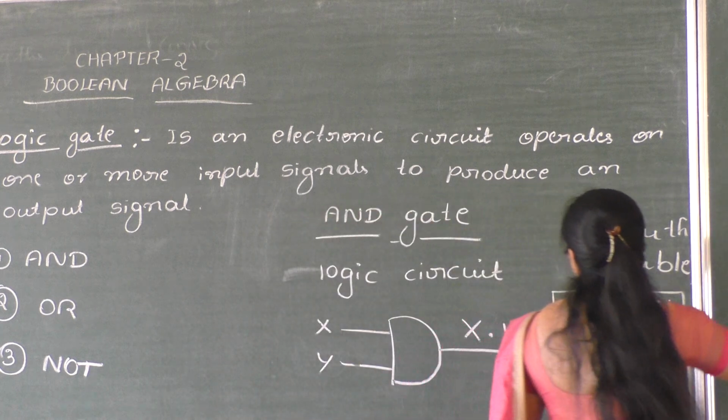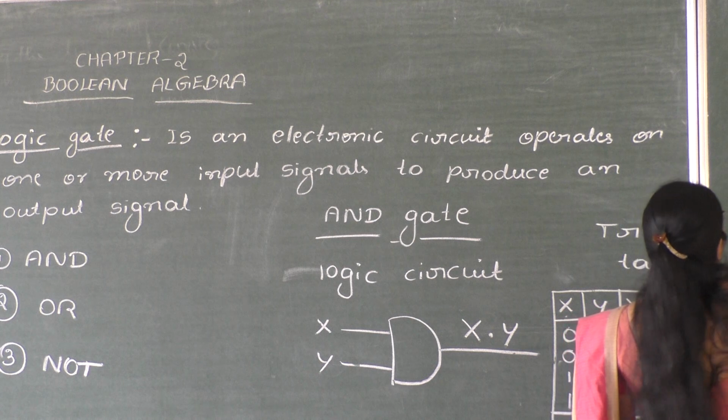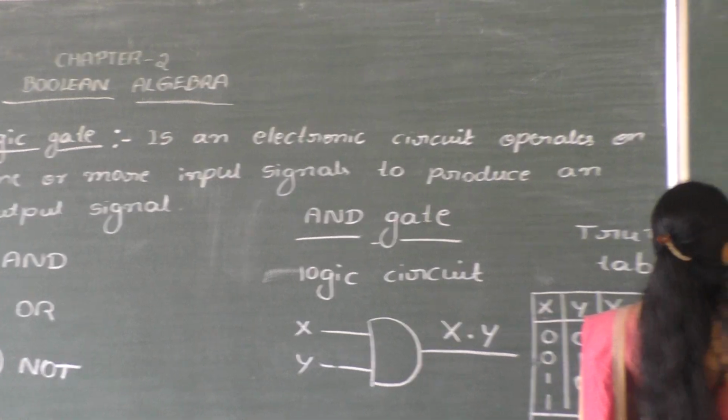Next, logic diagram and truth table for 3 variables or 3 input signals.